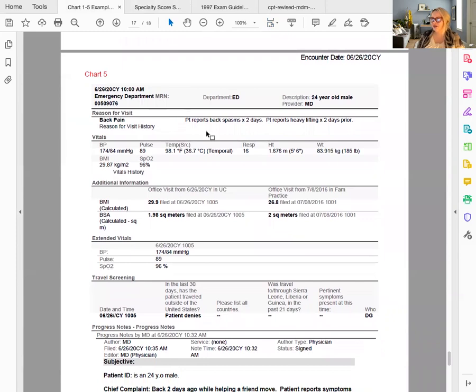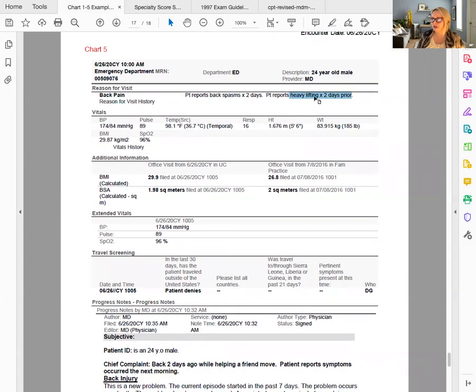We can see that they're here for back pain, and already in the reason for visit are some HPI elements. We have the fact that it's been going on for 2 days, which tells us about the duration, and that they were doing heavy lifting 2 days prior, which tells us about the context in which the pain started. There's a list of vitals, which would be counted into your exam elements.